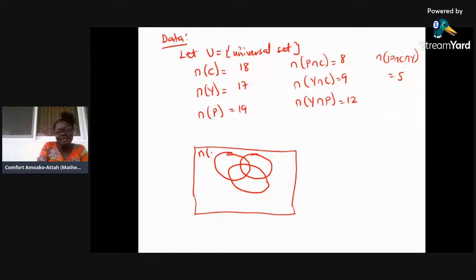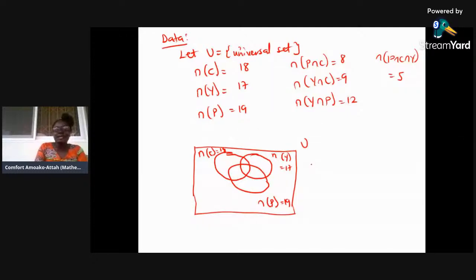Then n(C). Always ensure you bring this n. That was part of the chief examiner's report. Students forget to bring the n. Number of women who sell yam to be 17. The number of women who sell plantain also to be 19. Then we have our universal set.